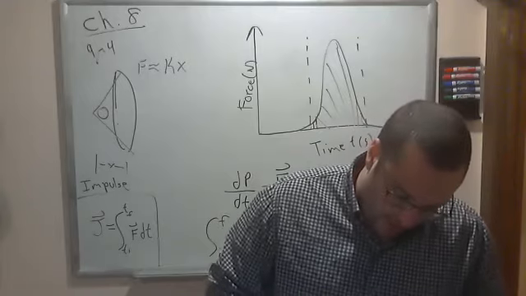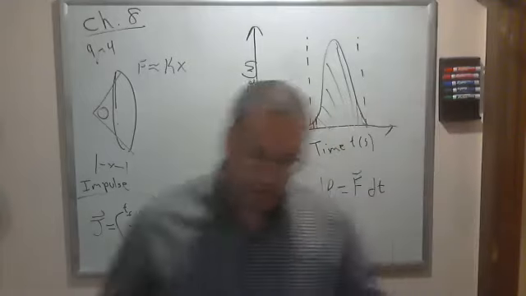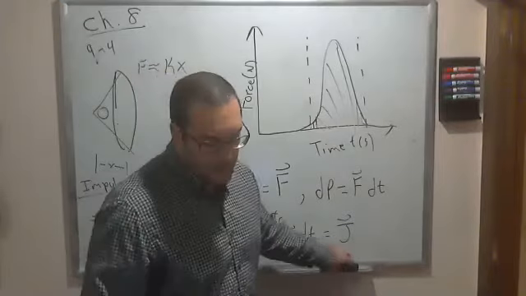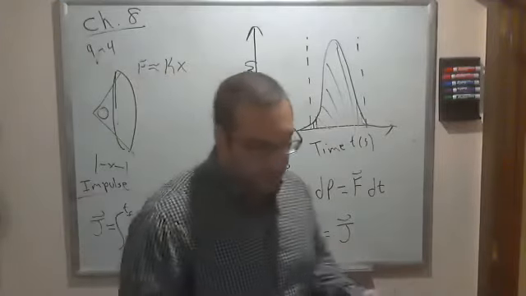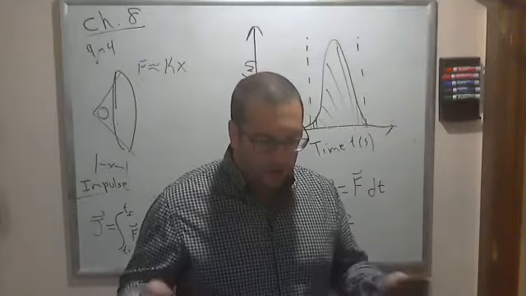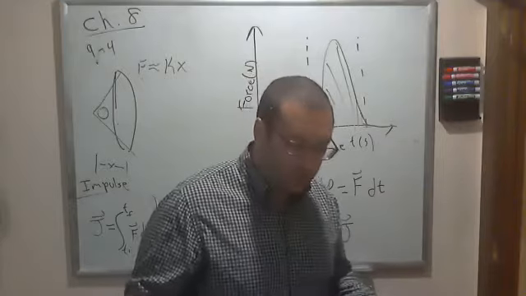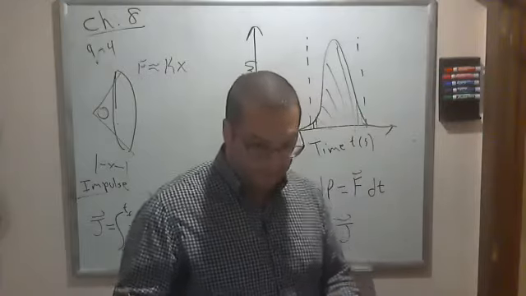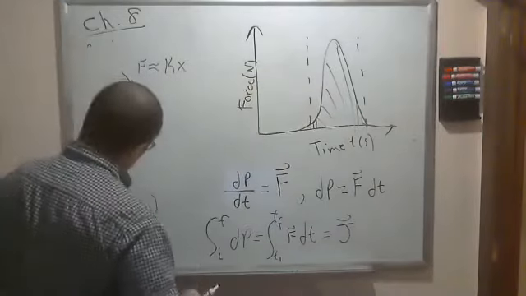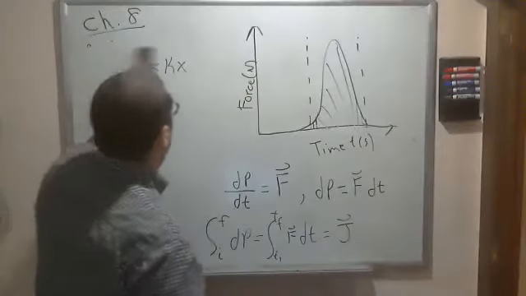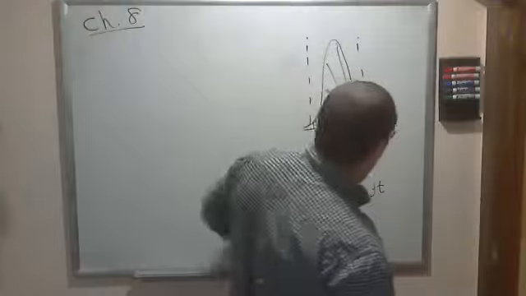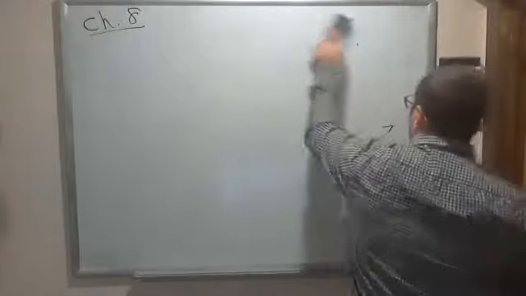Okay. Now let's consider energy and momentum in collisions, right? When we consider both energy and momentum, we can break these collisions down into different categories. We'll break it down into what's known as elastic collisions and inelastic collisions, right?